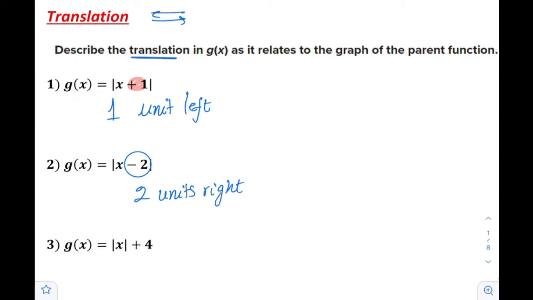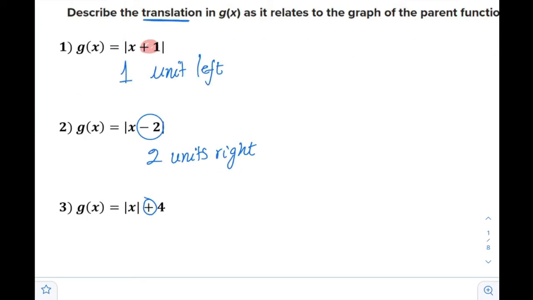Now, this is also added to the absolute value, but it is outside the group. It's added but outside the group, not inside. So that means it will move either up or down. Since the 4 is outside the bracket, it will move up, a vertical movement.